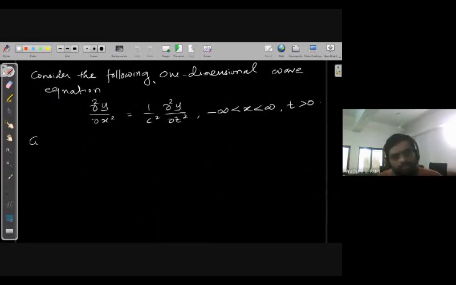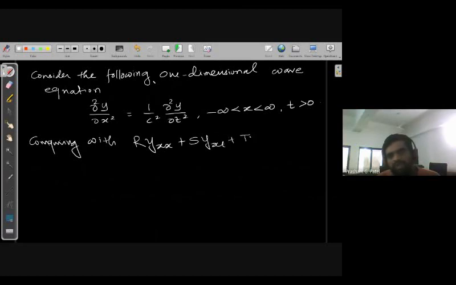So comparing with r y_xx plus s y_xt plus t y_tt plus some function f of x, t, y, y_x and y_t equal to 0.